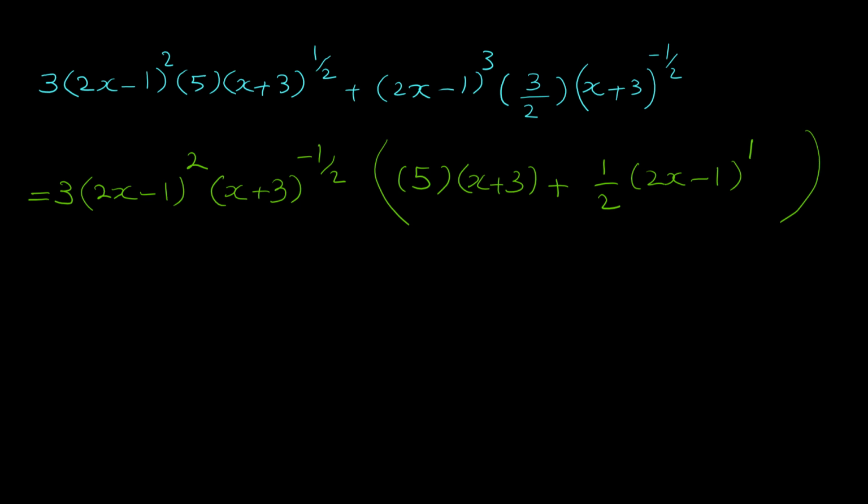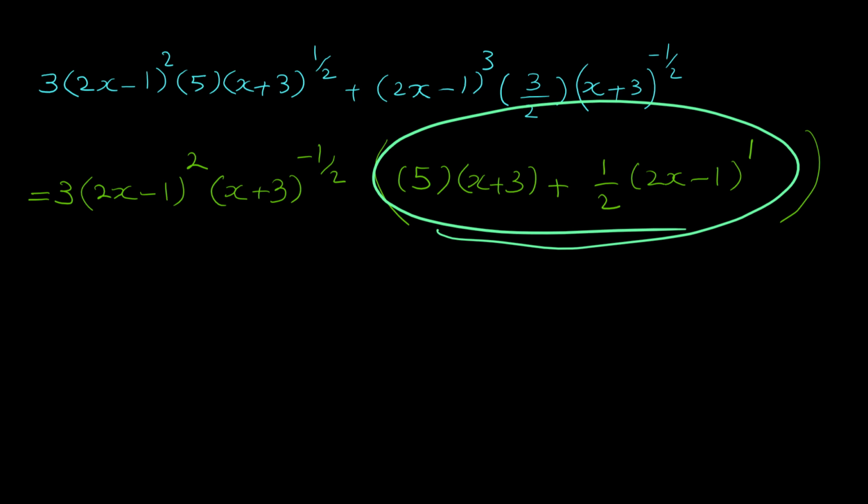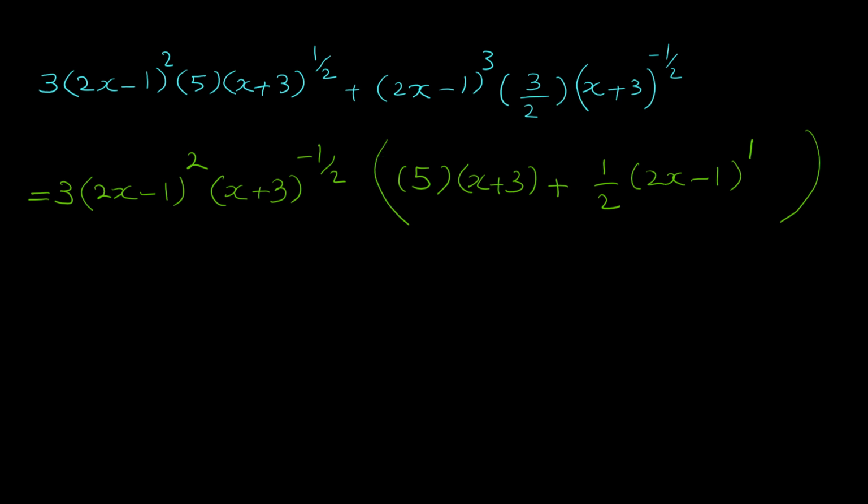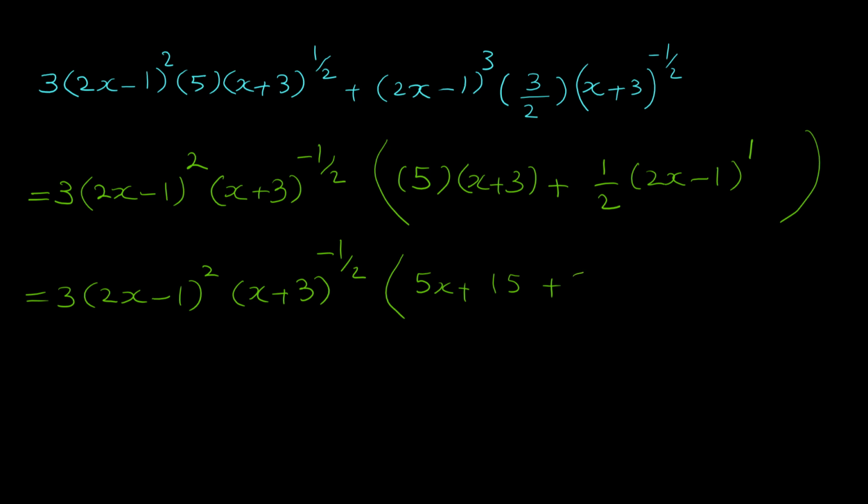Now the only thing that we have to do is to simplify this bracket here. So we have 3 times (2x minus 1) to the power of 2 times (x plus 3) to the power of negative 1/2. If we multiply 5 in the bracket, then we have 5x plus 15. If we multiply 1/2 in the bracket, we have 1/2 times 2x, which is x. 1/2 times negative 1 is negative 1/2.